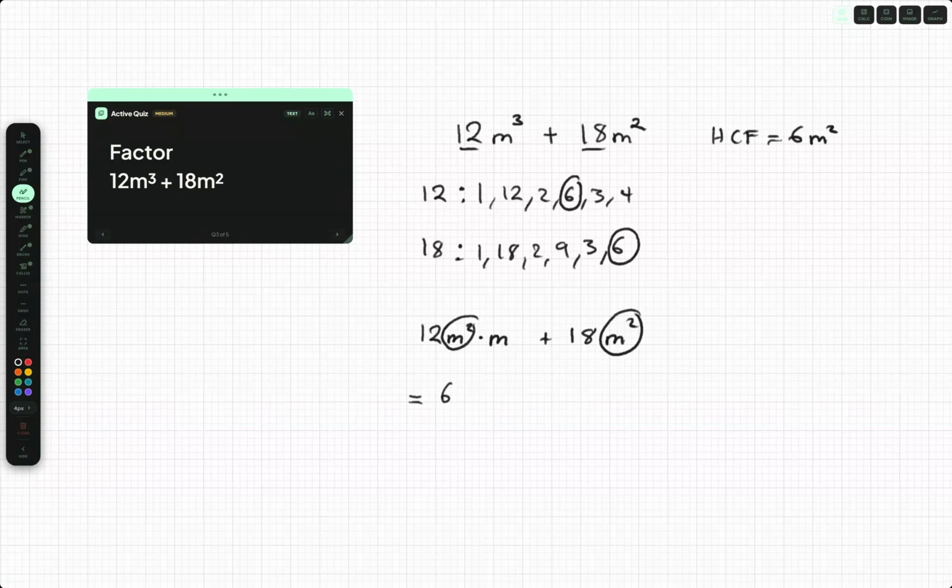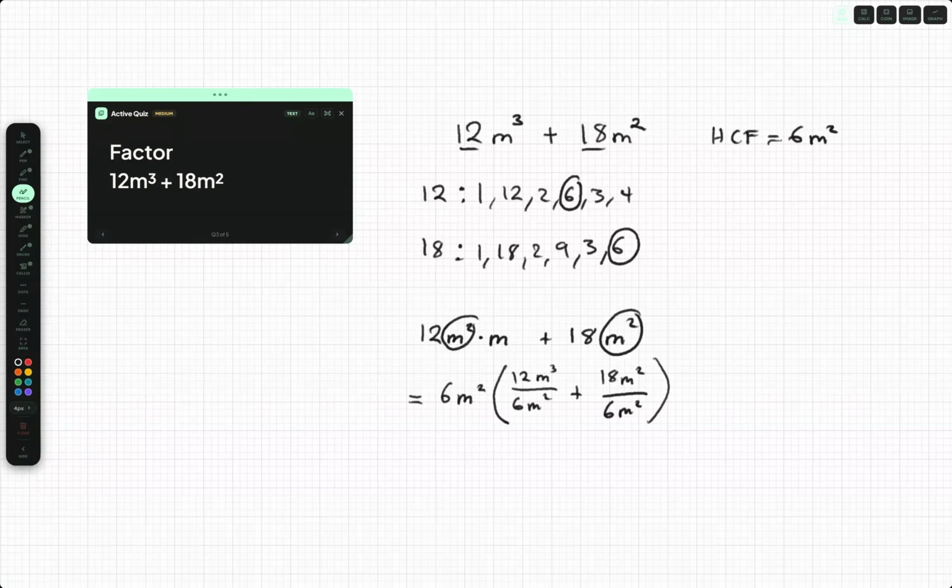So 12m to the power of 3 divided by 6m to the power of 2 plus 18m to the power of 2 divided by 6m to the power of 2.